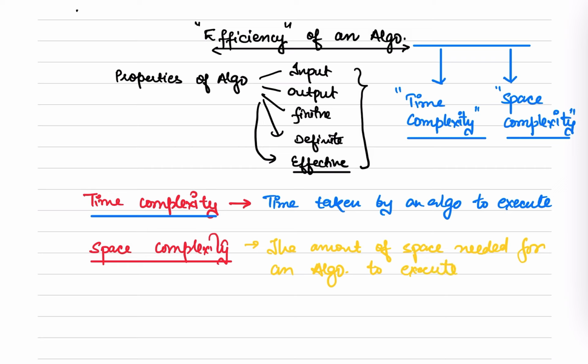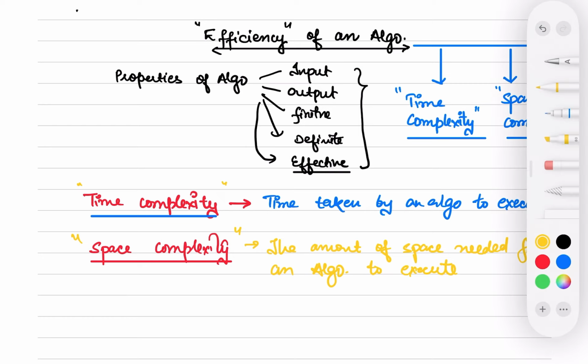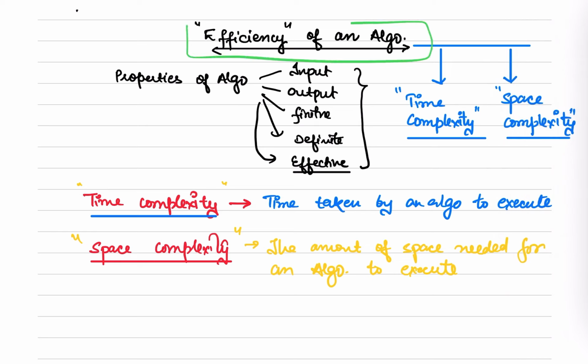So there may be a need of space, and there will be a certain time for an algorithm to execute and to complete, right? So these two parameters are important, and that's how we measure the efficiency of an algorithm.